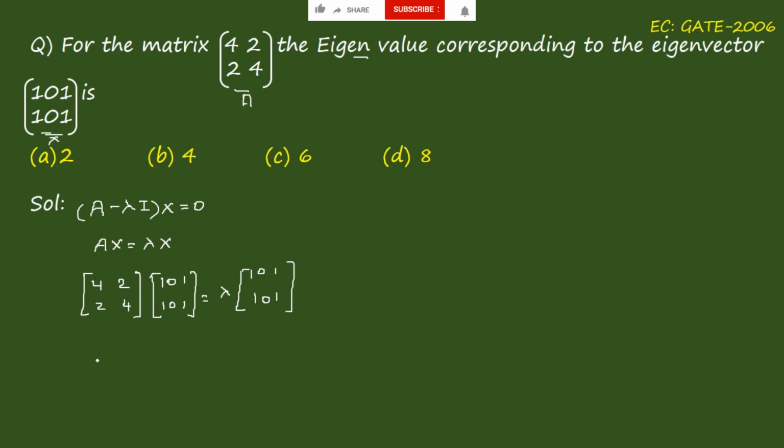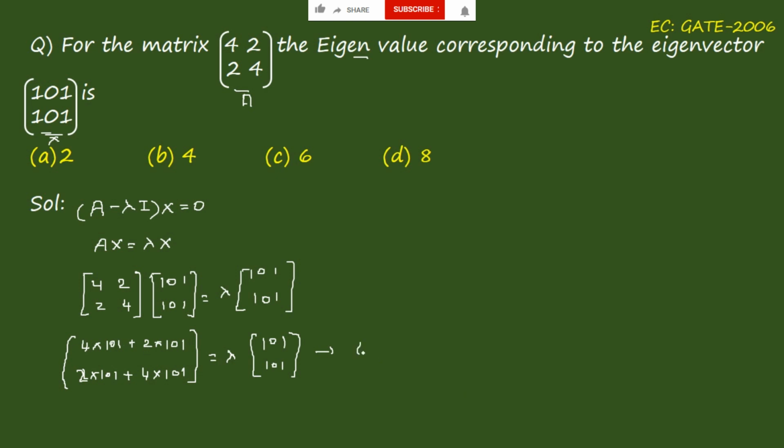Just multiply these two, we get 4 into 1 plus 2 into 1, and 2 into 1 plus 4 into 1, which is equal to lambda into 1, 1. Now we can take 1 common, then it becomes 4 plus 2, 6.